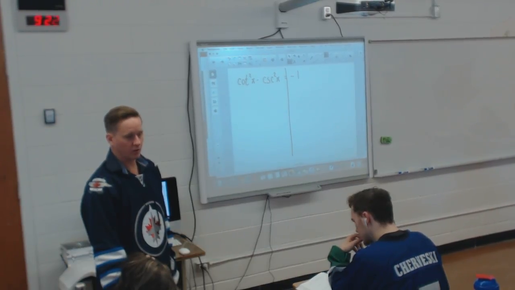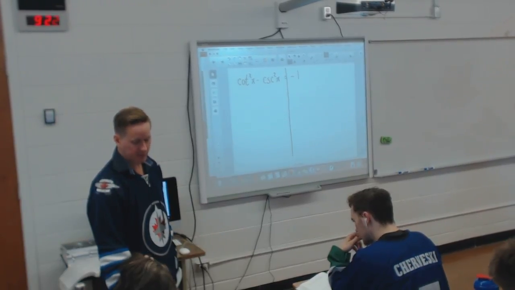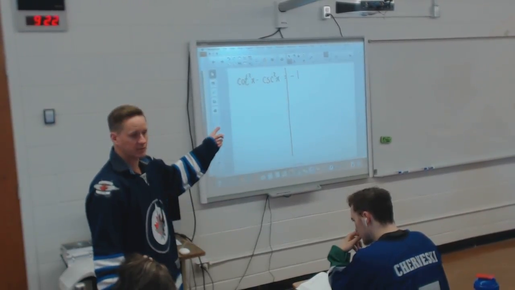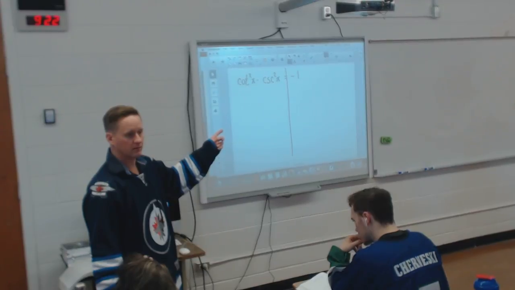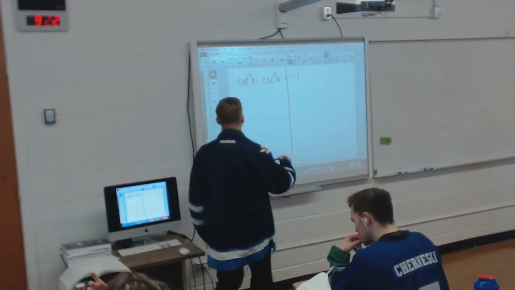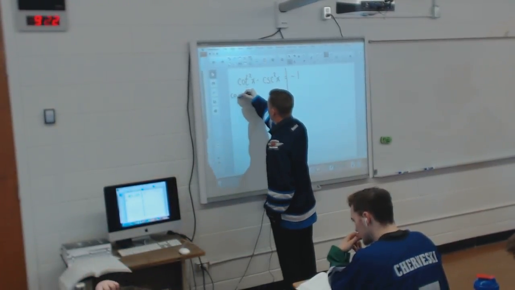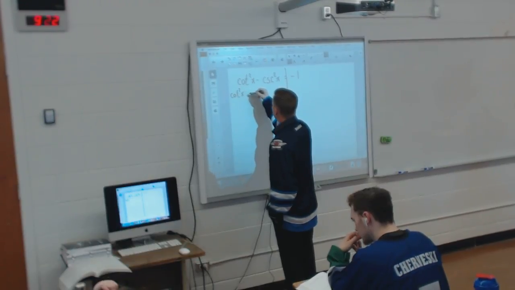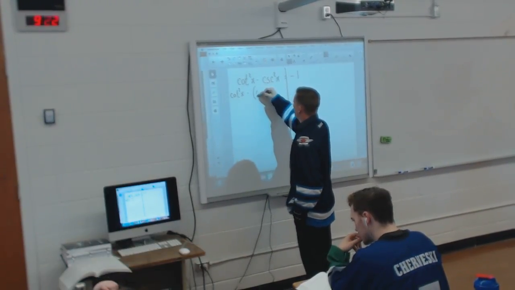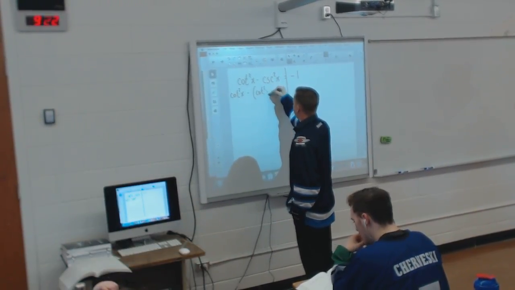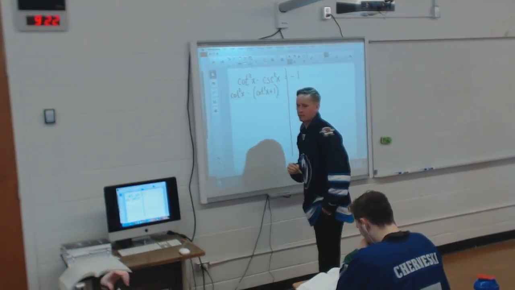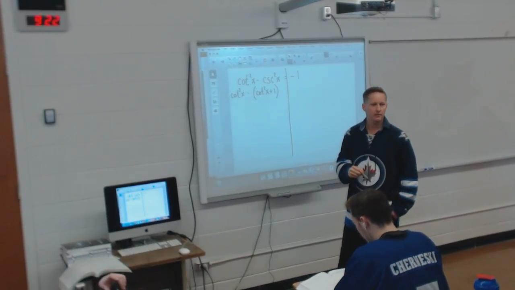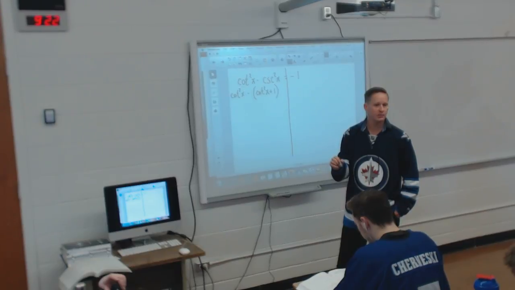So you want to substitute in cotan squared theta plus 1 for the cosecant squared? Yeah. Okay, sounds excellent. Cotan squared x minus cotan squared x plus 1. Right? Just a simple substitution at this point.